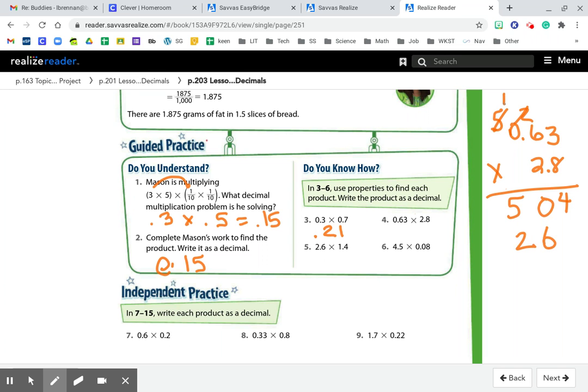Add all that up together. See how many digits are in decimal place value in my problem. There's 3, so I need 3 in my answer.